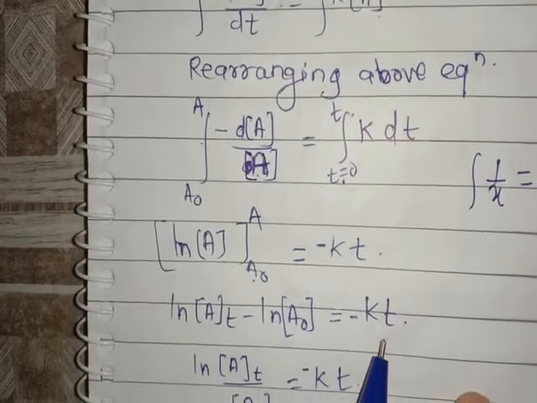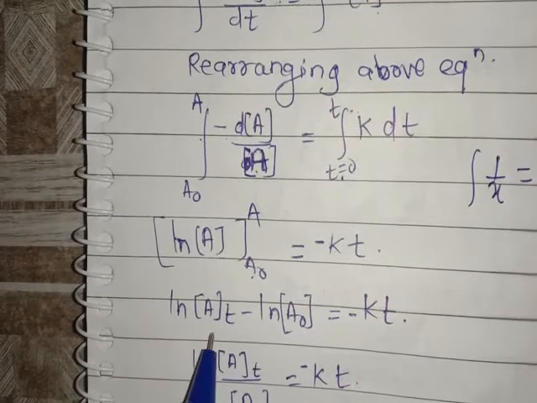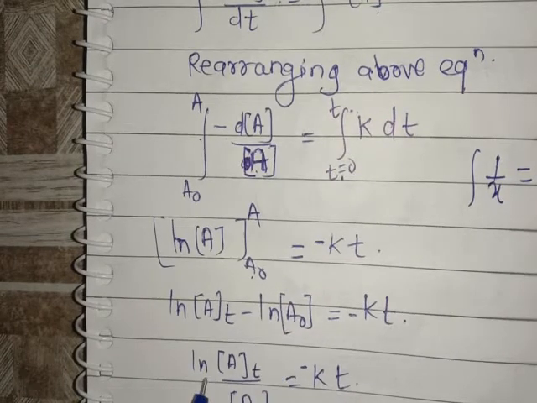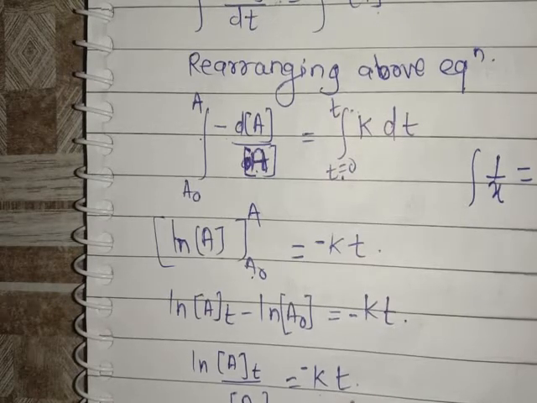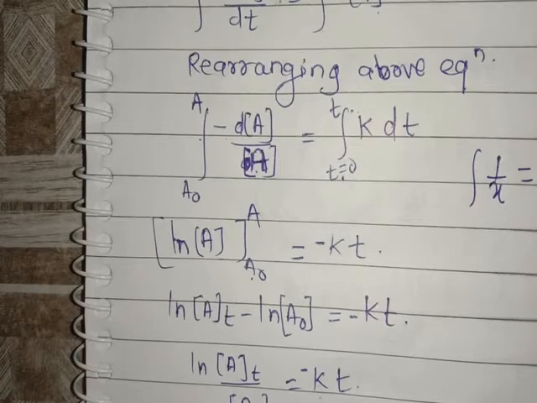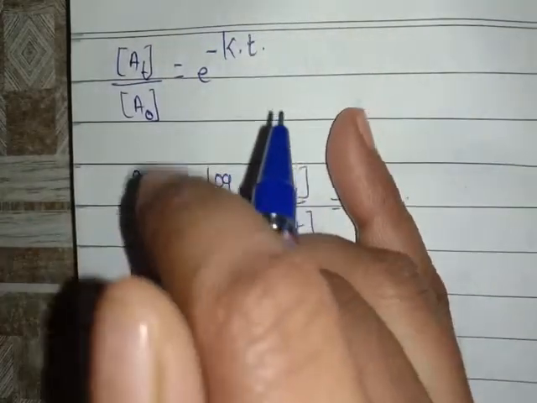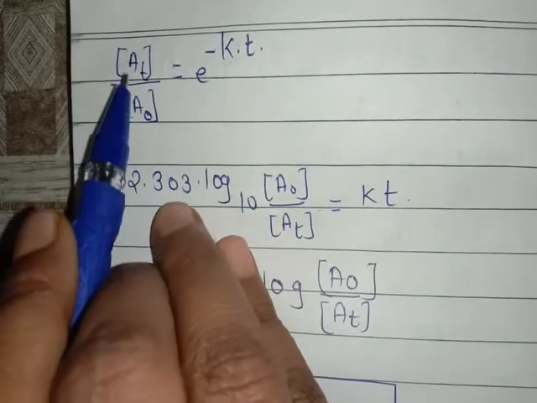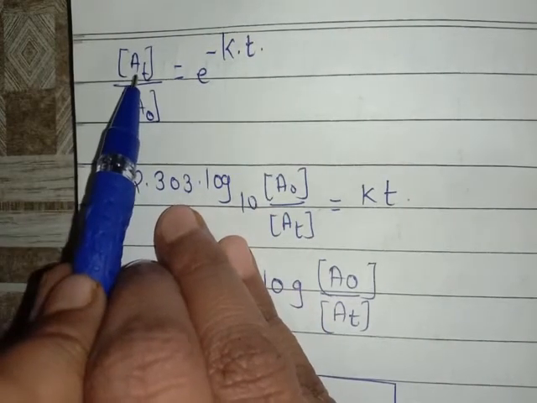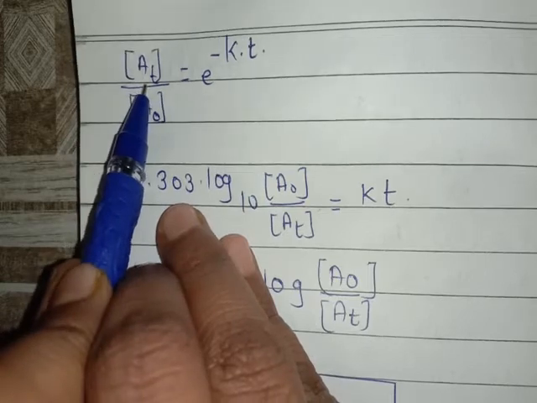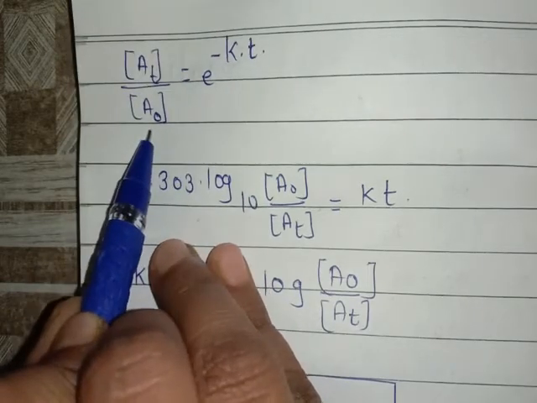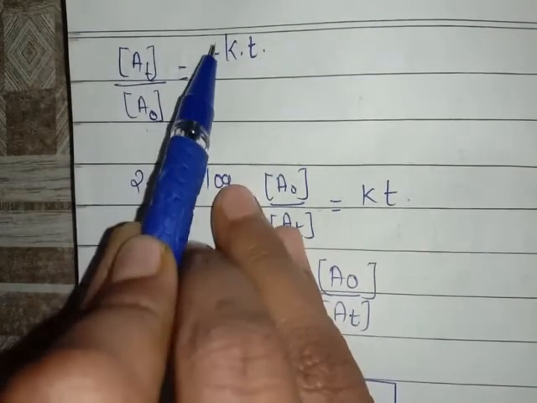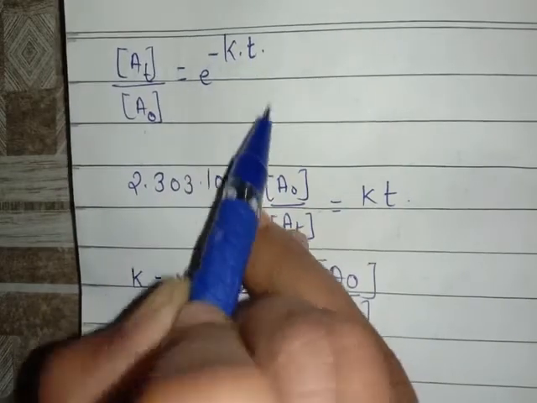So according to the logarithmic rule, we can write it as ln of At upon a0 is equal to minus kt. There are a number of different forms of the first order rate equation, as we can remove the ln sign and have At upon a0 is equal to e raised to minus kt.